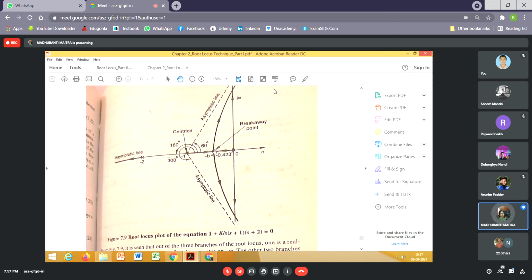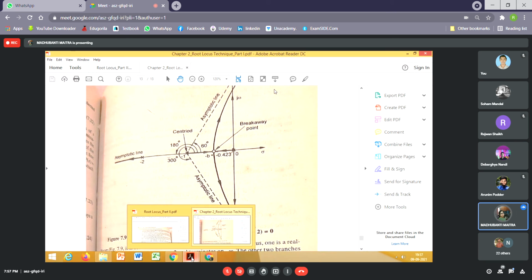And on the real axis, just recall we have considered s to be sigma. So on the real axis, at the breakaway point, the value of gain k is maximum. Here the value of gain k is 0, then it is increasing, and at the breakaway point, the value of gain k is maximum.